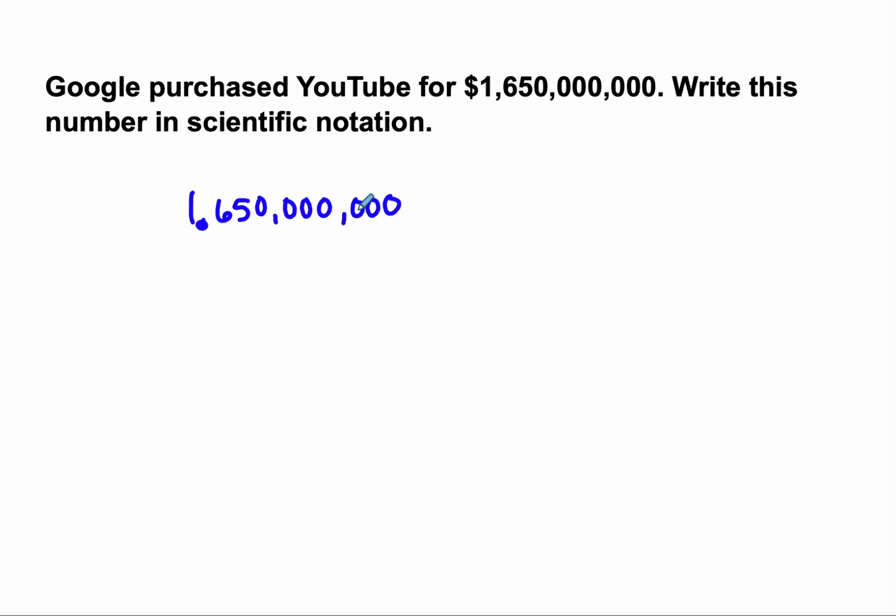Decimals go in there. Then I'm counting how many places I moved it. 1, 2, 3, 4, 5, 6, 7, 8, 9 places is how far I moved it. So I have 1.65 times, I'm getting rid of all the zeros, 10 to the 9th power.